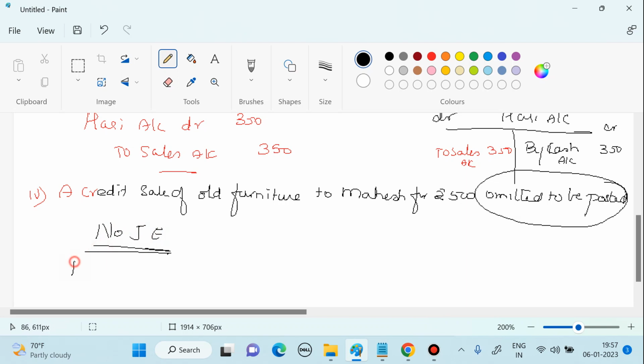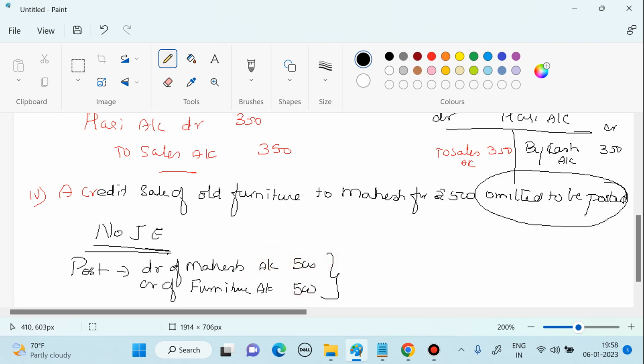So you do not pass any journal entry here. How do you rectify this? Post to the debit of Mahesh and credit of furniture account, the amount of 500. If you write the journal entry again, what will happen? Already I've written it, and if you write it again, double entry will take place in the journal proper.